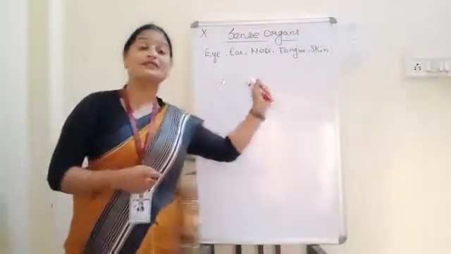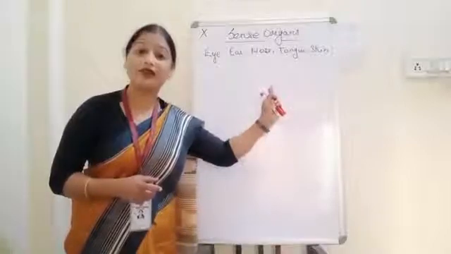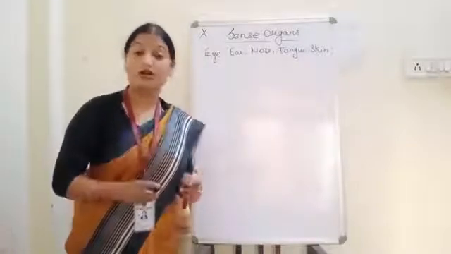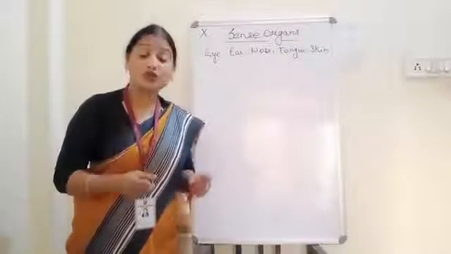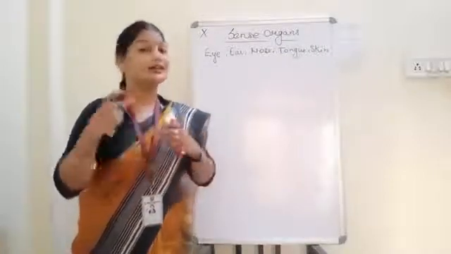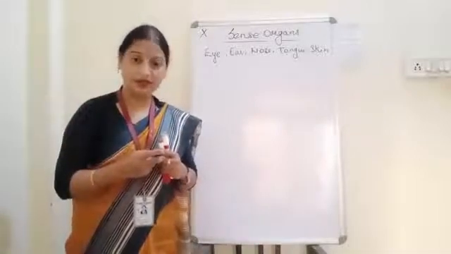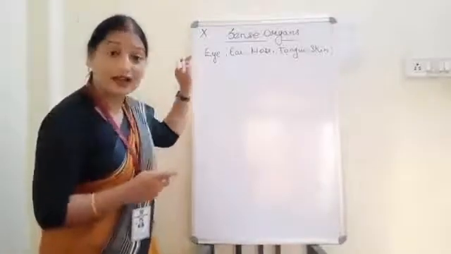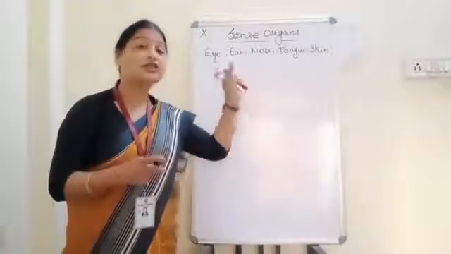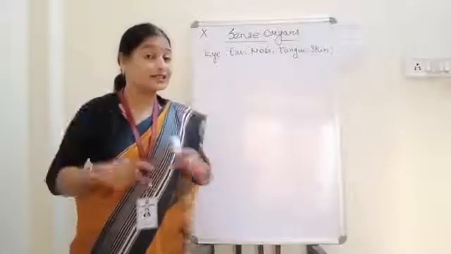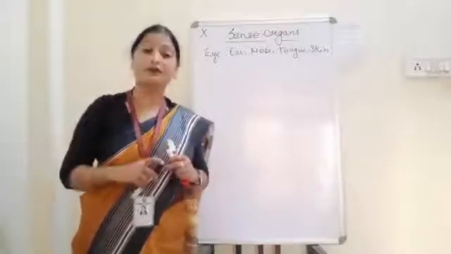Okay. Now children, see. All these sense organs, why are we calling them sense organs? Because they are showing sensation towards the environment. Okay. Now, what is that sensation that we get from the environment?